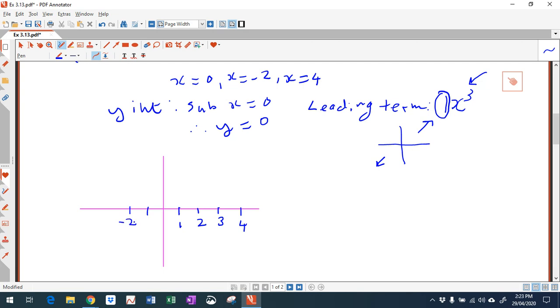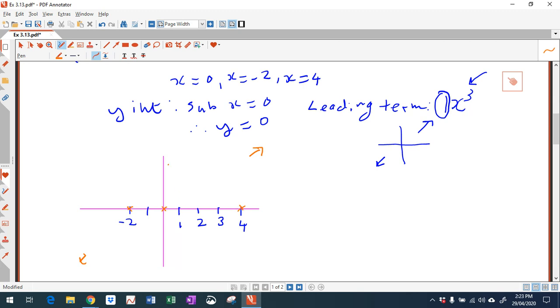All right, now I'm going to sketch my cubic. Now I know what quadrant I'm starting in, here, and finishing in here somewhere. All right. Now, put in your intercepts. So there's an intercept there. There's one at the origin, 0, 0. And then I've got 4 as well over here.